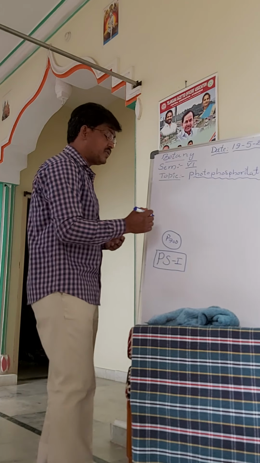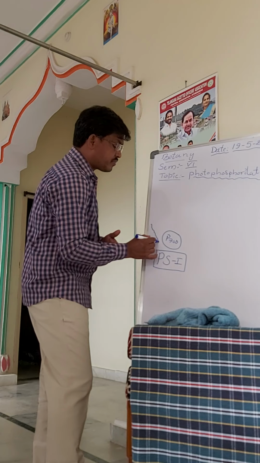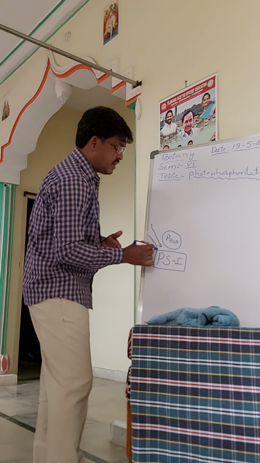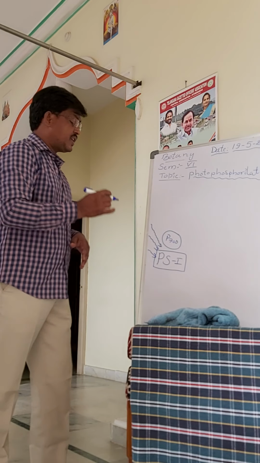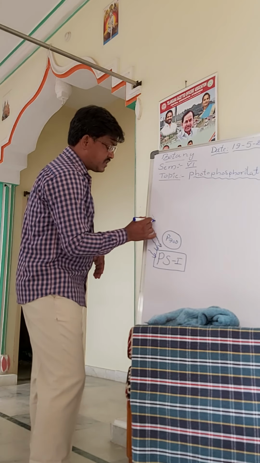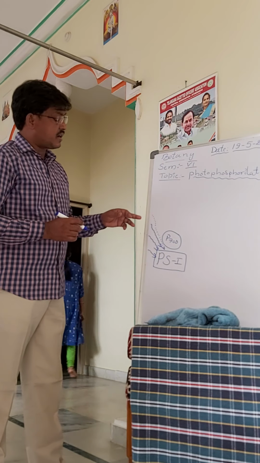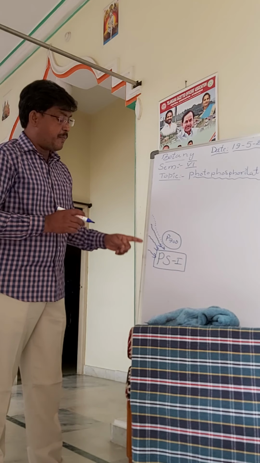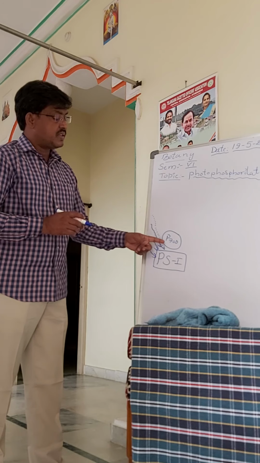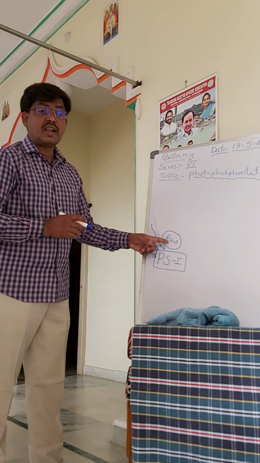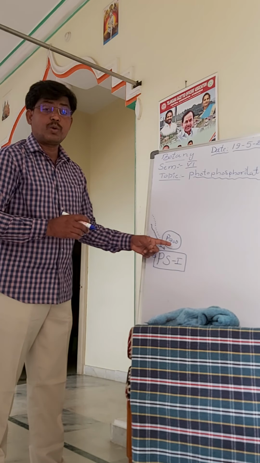So this is something about PS1. These are the red wavelengths. A photon is a small minute part of the radiation. When a photon reaches PS1, the reaction center, which is called P700, is the modified chlorophyll pigment.